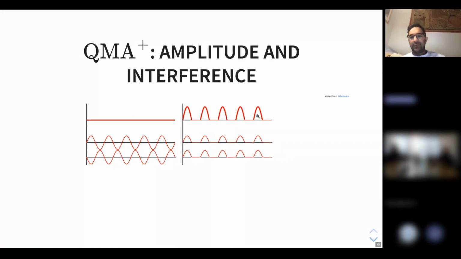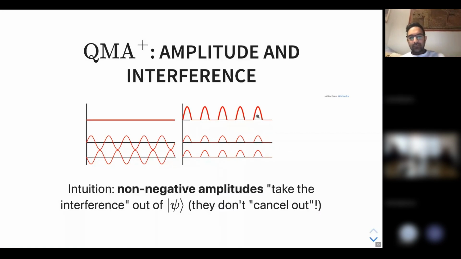And of course, they can only constructively interfere, because there is no negative sign, they cannot cancel. And so the intuition here is that non-negative amplitudes take the interference out of psi. They remove some of the essential quantum properties going on. It's a very strong property.